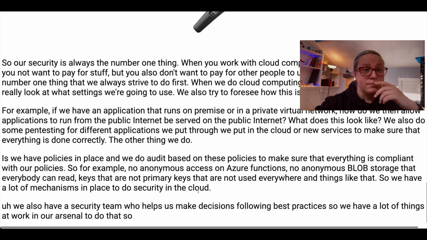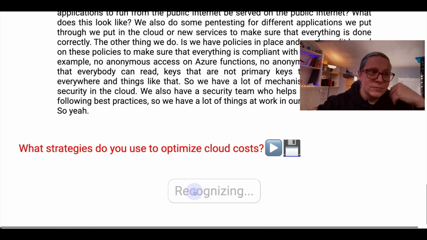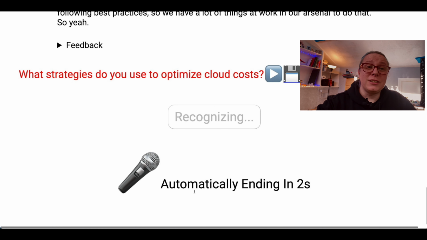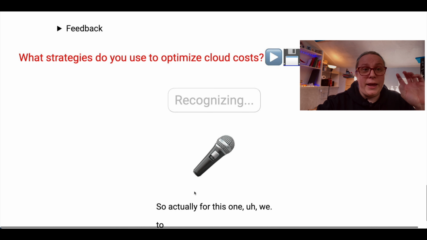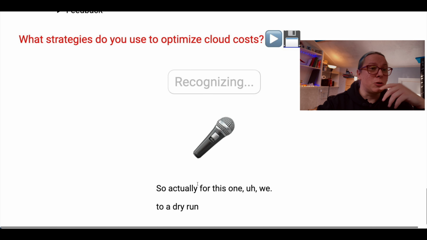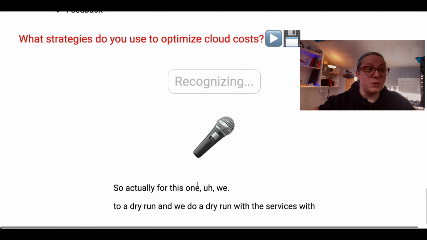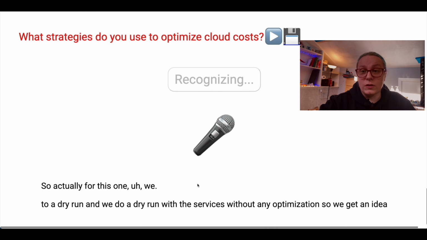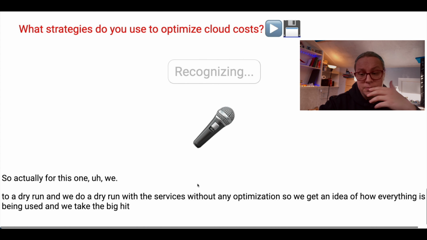So, yeah. What strategies do you use to optimize cloud costs? So actually, for this one, we do a dry run. We do a dry run with the services without any optimization. So we get an idea of how everything is being used and we take the big hit up front.